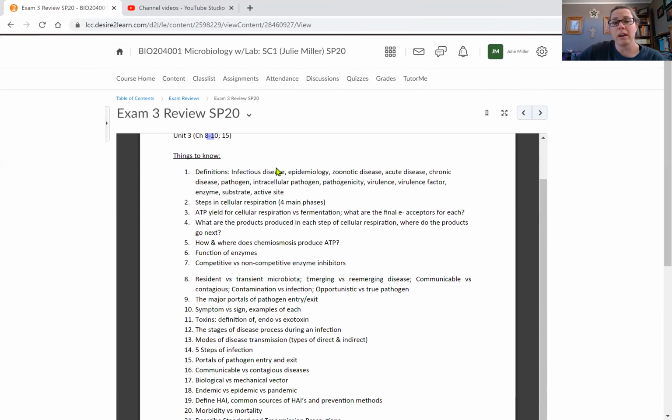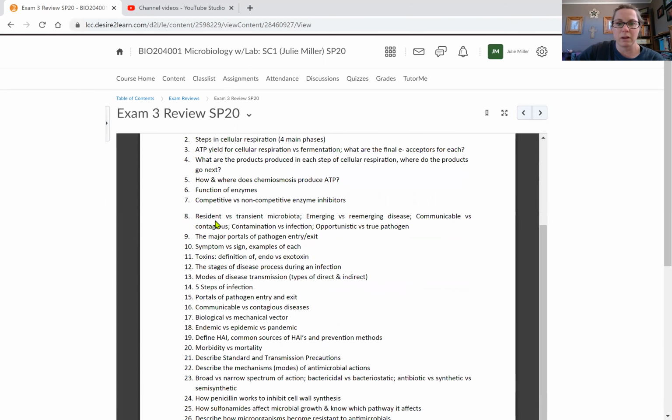So there's a lot of definitions or terms in this unit. So I would suggest perhaps making some flashcards or note cards with the term on one side and the definition on the other side, and just go through those to help you with the terms, because we have a bunch of definitions here. And then we have some down here as well.